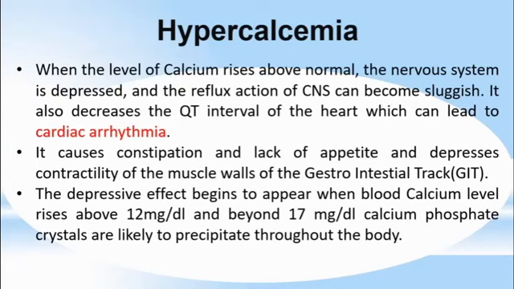Hypercalcemia. What is this? When the level of calcium rises above normal, that is the required level of calcium, the nervous system is depressed and the reflex action of the central nervous system can become sluggish. It also decreases the QT interval of the heart, which can lead to cardiac arrhythmia.